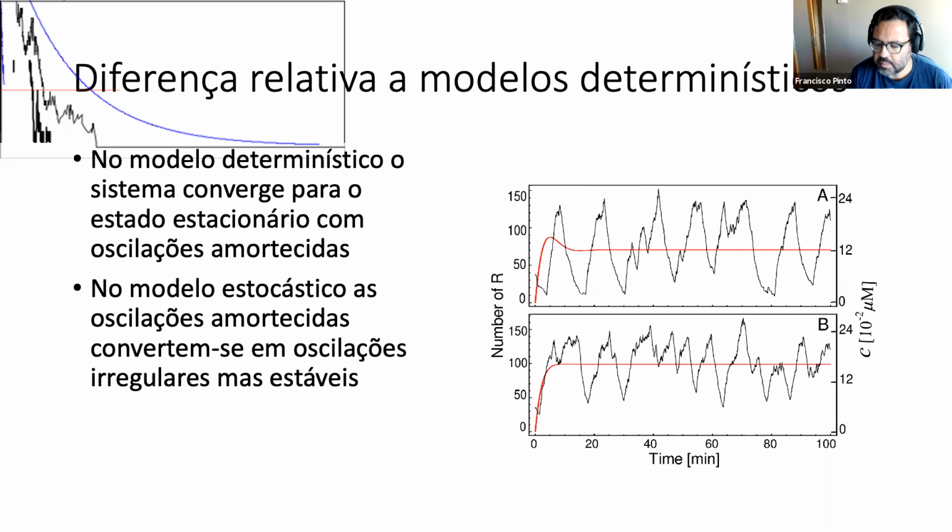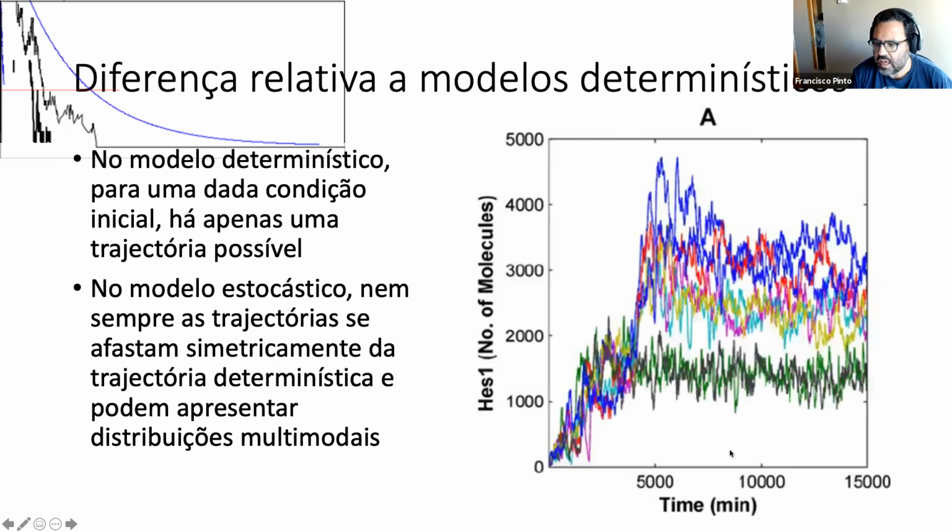So this is another example of things that we can see that are different in stochastic simulations compared with the systems of differential equations. We saw systems of differential equations that had multi-stability, so they have more than one fixed point, for example.